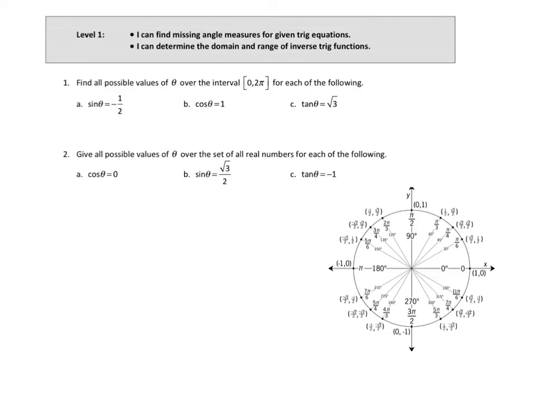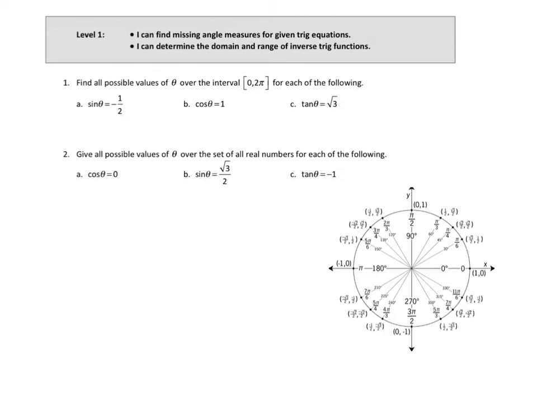In level 1, we will be reviewing finding missing angle measures when you're given the value of a trig function. In the first example, we are finding all possible angle values over the interval 0 to 2 pi, which is all of the values in our unit circle.